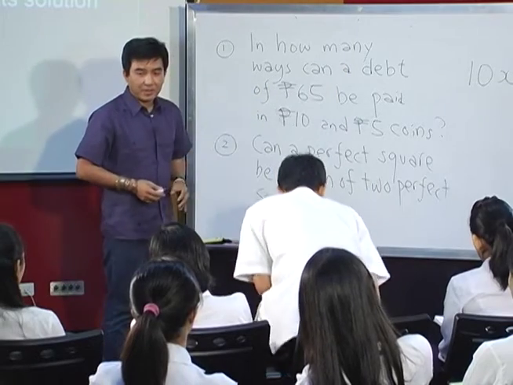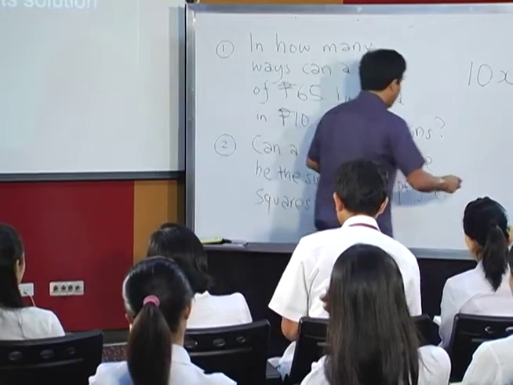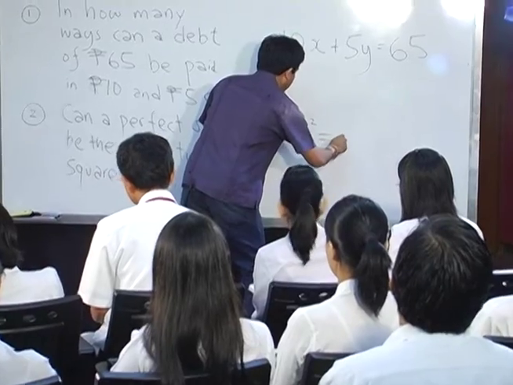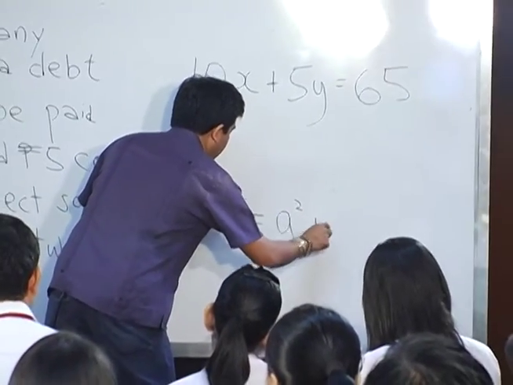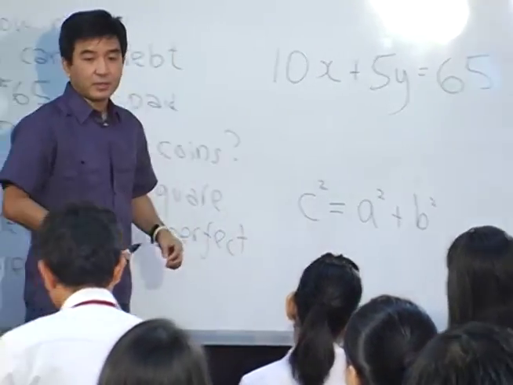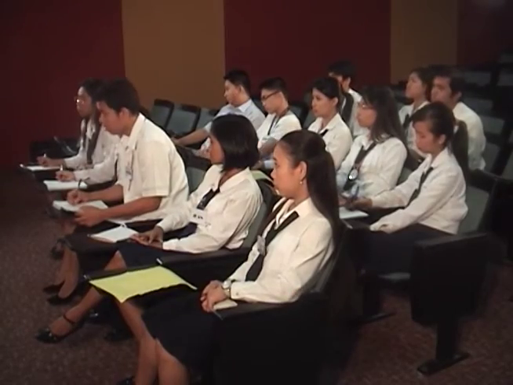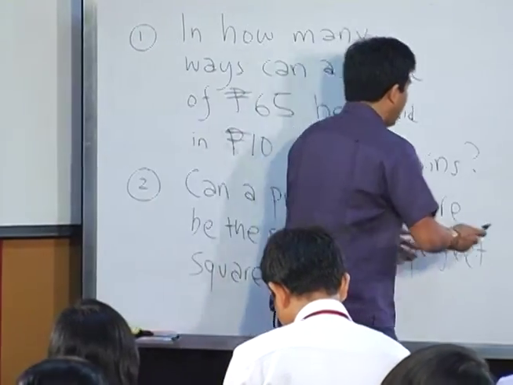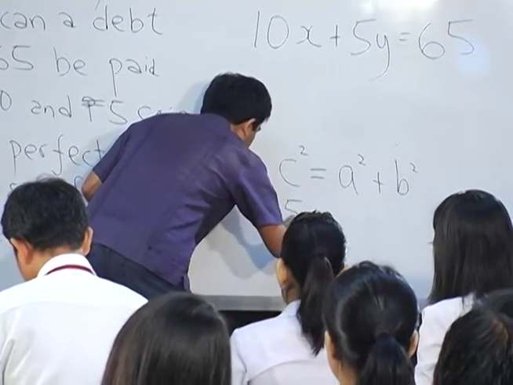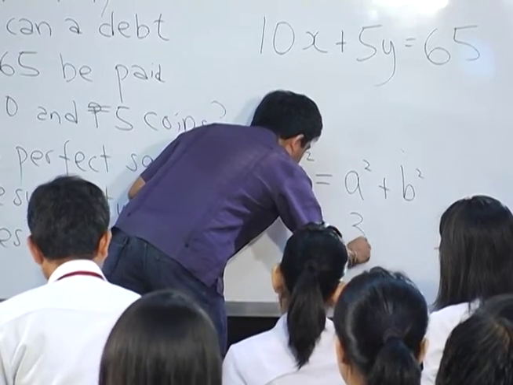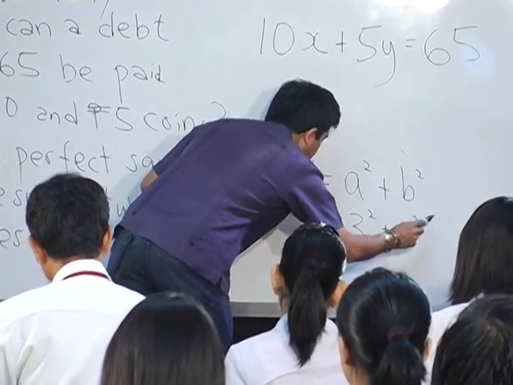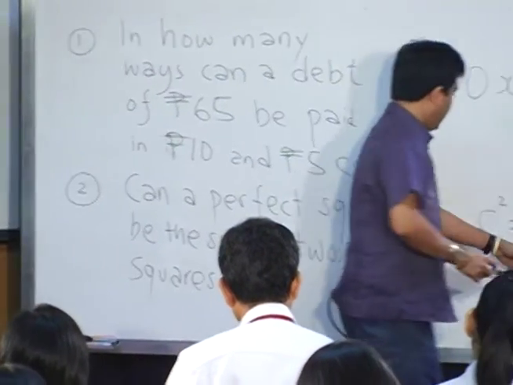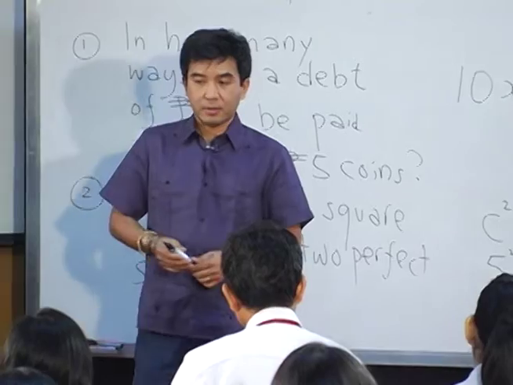What we want is, can a perfect square be the sum of two other perfect squares? So this question wants solutions to the Pythagorean theorem. For example, 5 squared is equal to 3 squared plus 4 squared. So we say that 3, 4, 5 is a solution.